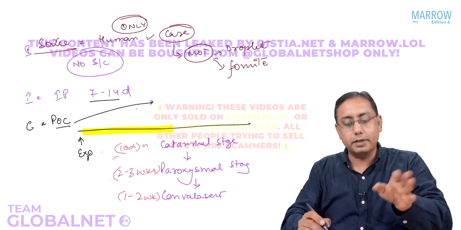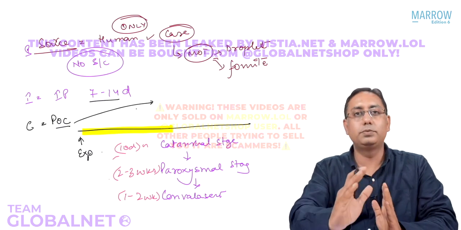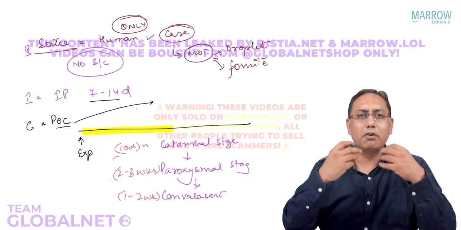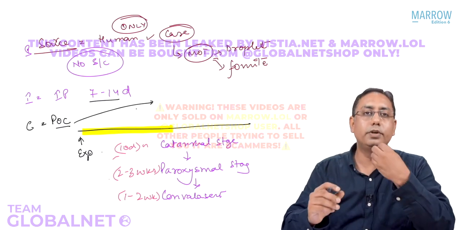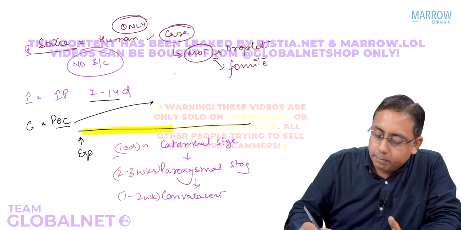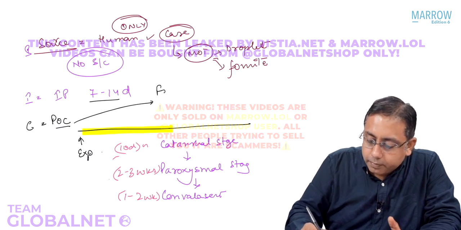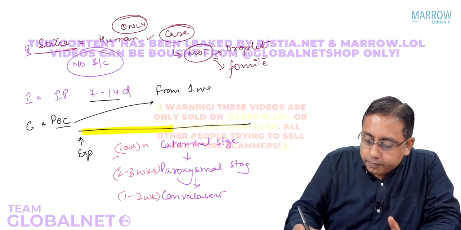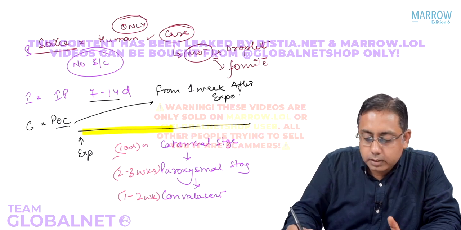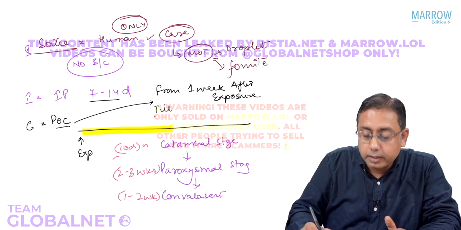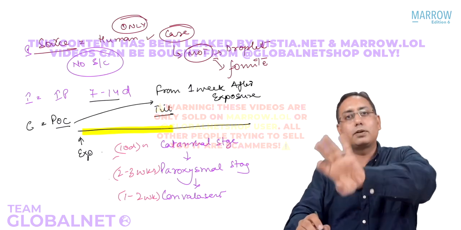Leave the incubation period. As the catarrhal stage starts, as the first sneezing and those things start, the patient becomes infective; they start throwing the Bordetella pertussis. So the patient is infective from 1 week after exposure, not in the incubation period. That's interesting, till 3 weeks after the paroxysmal stage.